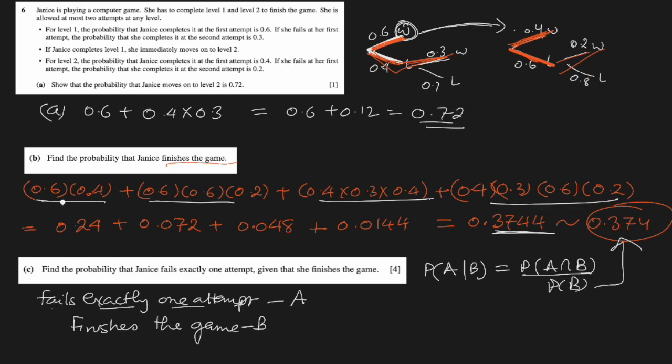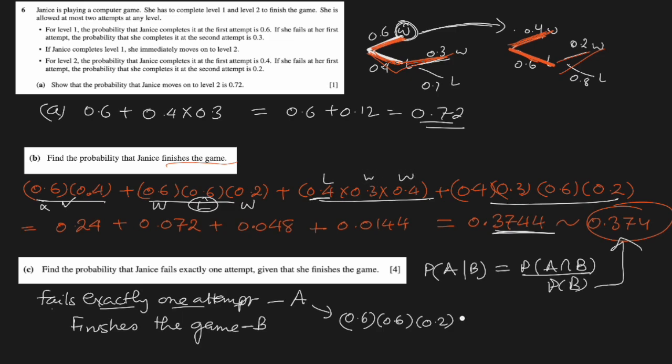Now we have to see out of these four events, in which she fails exactly one attempt. Let's look at this. These are both wins, so no, this was not the one. She wins the first one, loses the second one, and then wins. Fails exactly one, so she failed once. Yes, this is the one. So this will be 0.6 times 0.6 times 0.2. This will be one of them. Or she loses, then wins, and then wins.